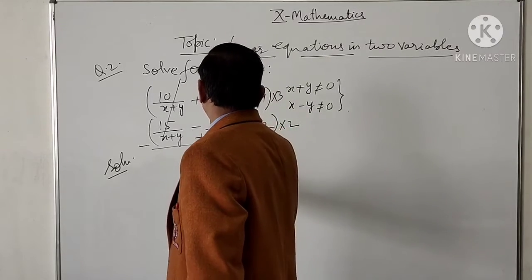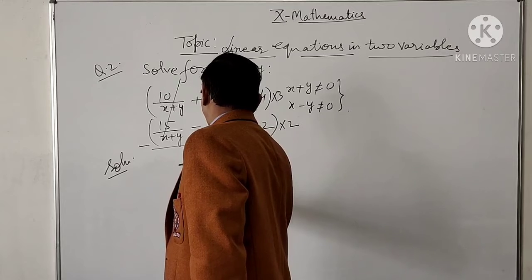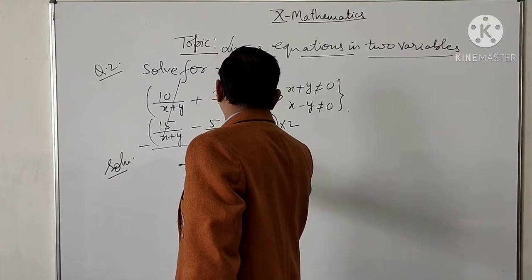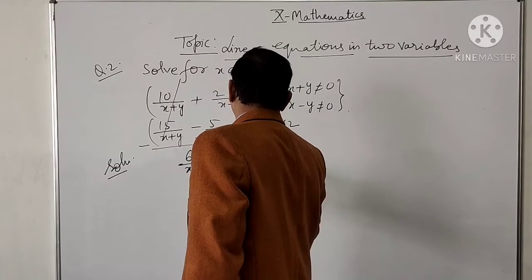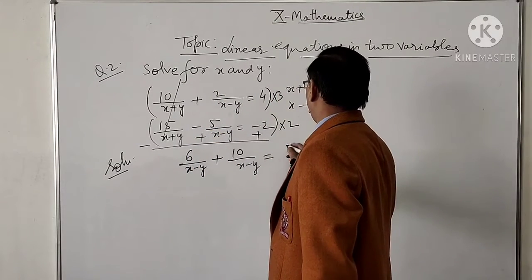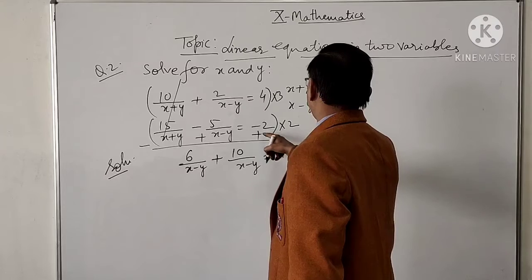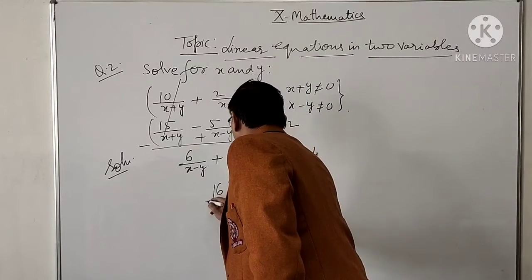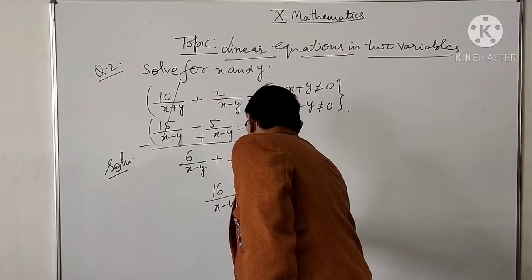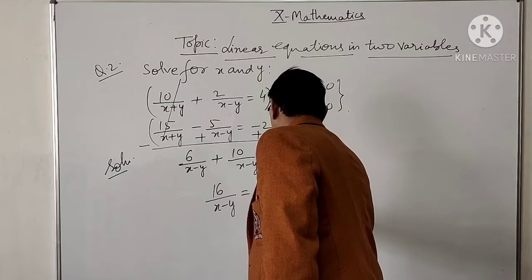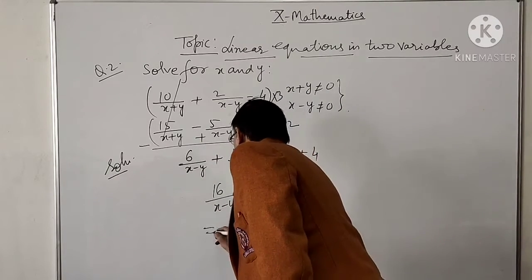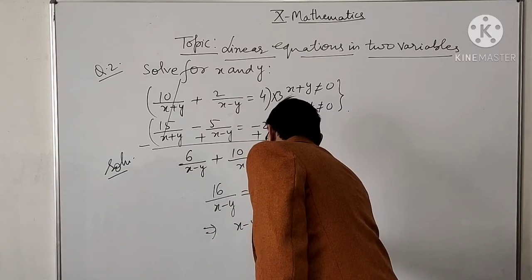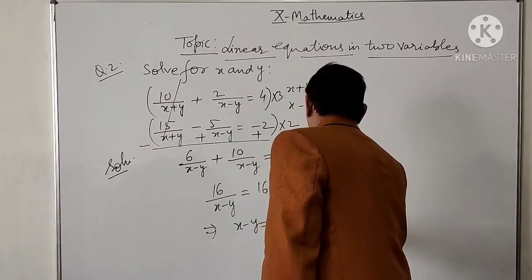So, it is 6 upon x minus y plus 10 upon x minus y is equal to 12 plus 4. Or it is 16 upon x minus y equal to 16. From this 16 cancels, we will get x minus y equal to 1. Let it be equation 1.